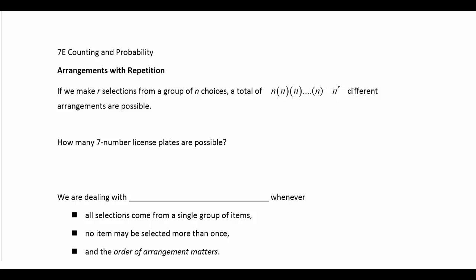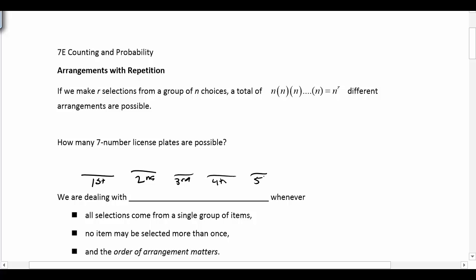So let me illustrate this a little bit easier with some numbers here. Let's say I want to do a 7-number license plate and keep track of how many total different combinations of digits there are. How many for the first position? There's 10 digits possible.